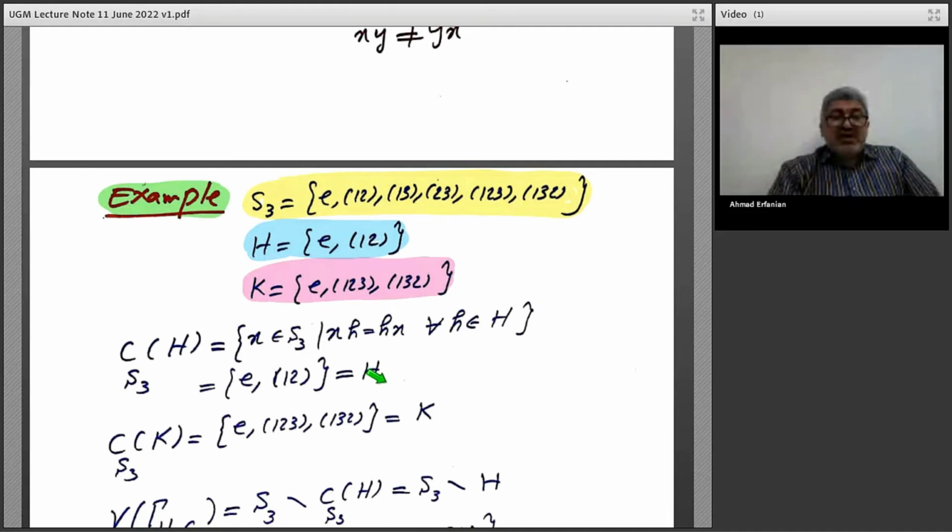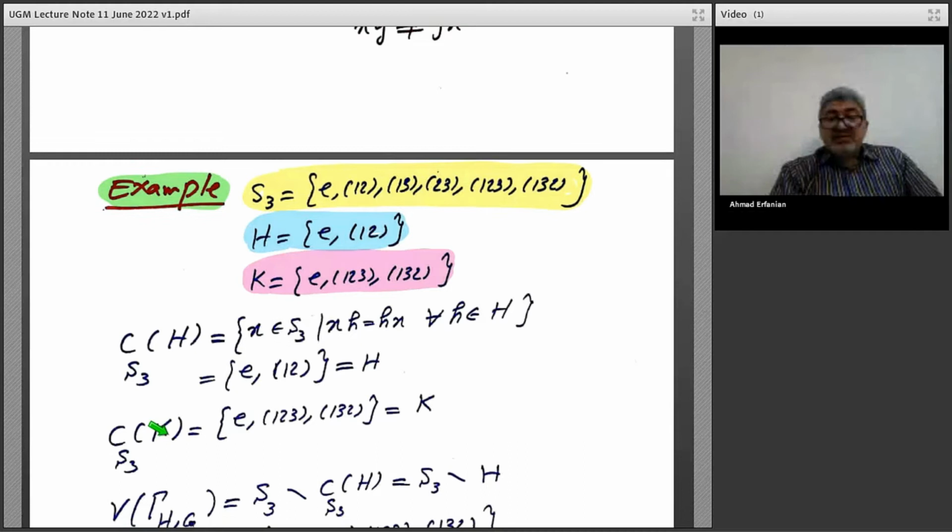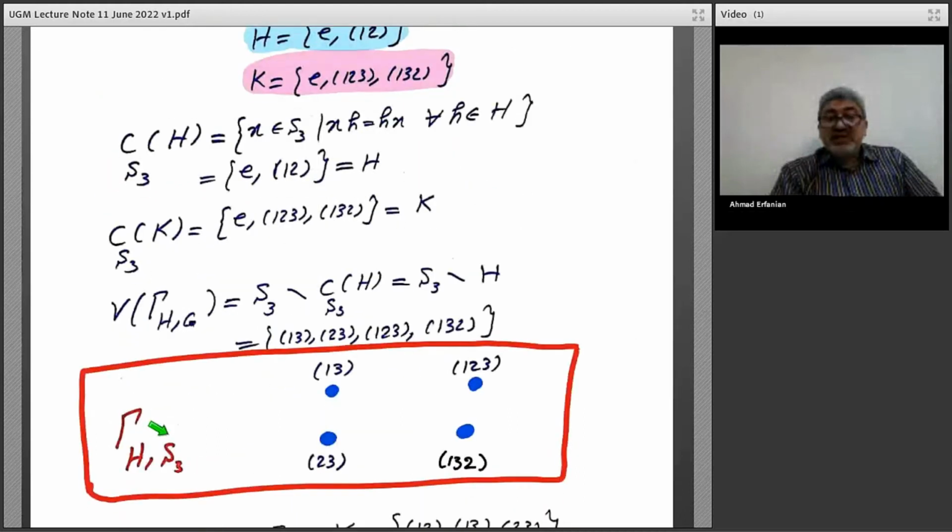Now, we can see that the centralizer of H in S3 is equal to H. So only the identity and (1 2) are elements which commute with all elements in H, not any more. And similarly, the centralizer of K in S3 again is K.